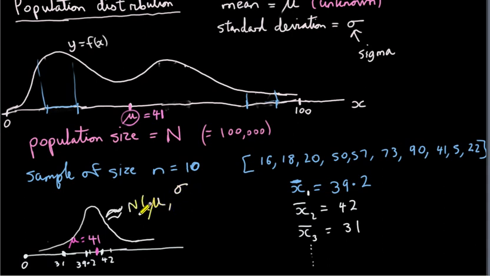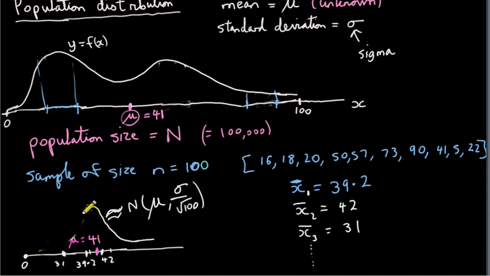But anyway, the standard deviation of this distribution, called the sampling distribution, is given by sigma over root n. n is the sample size, so n in this case is 10. If I had a sample of size 100, then the standard deviation would be sigma over the square root of 100, which means we'd have an even narrower distribution.